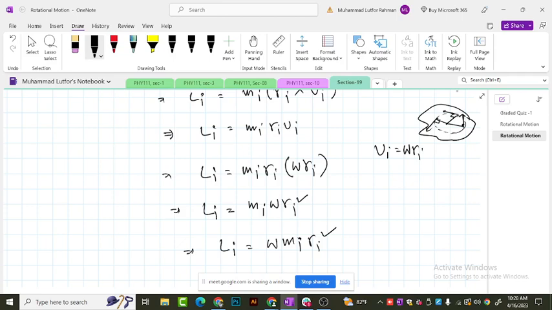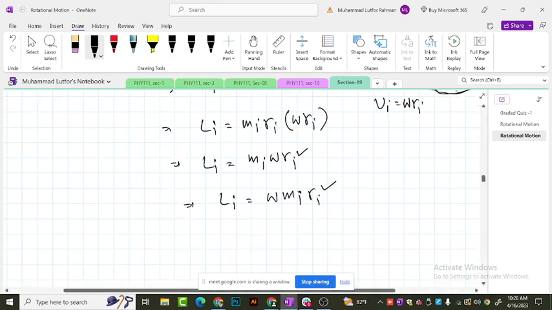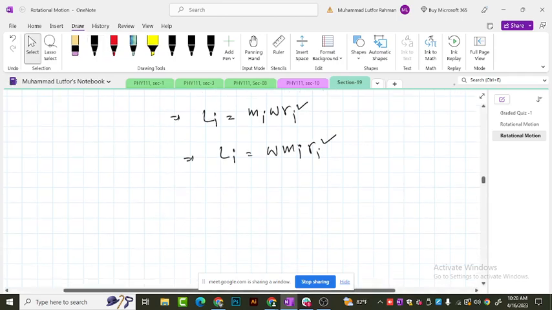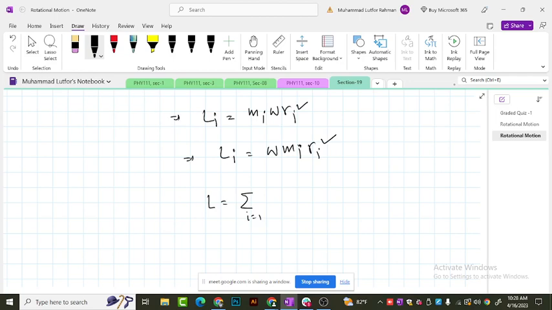If you want to find the angular momentum for the whole object, I will simply sum over all the points. The total angular momentum for this system will be the summation from i equals 1 to n, if the system has n particles. I found it only for one point mass, so for the whole mass I add them together to find the total angular momentum.